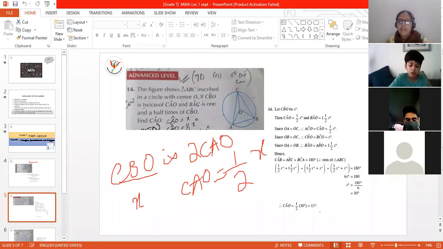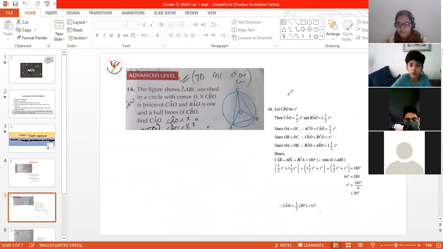Now, BAO is 1.5 times of CBO. CBO is X and BAO is 1.5 times of CBO. Then BAO will be 1.5X. So this was the main equation where you have to calculate the terms, right?